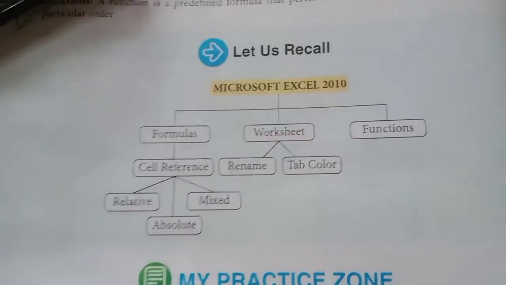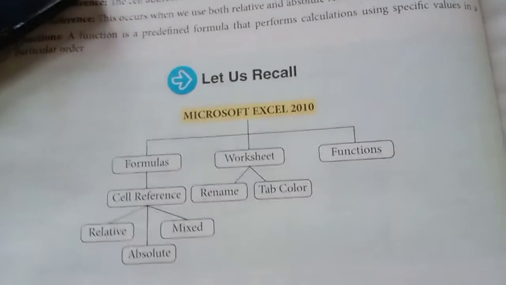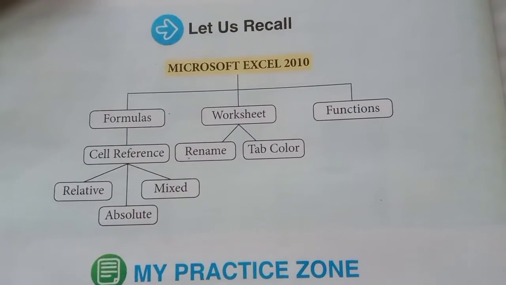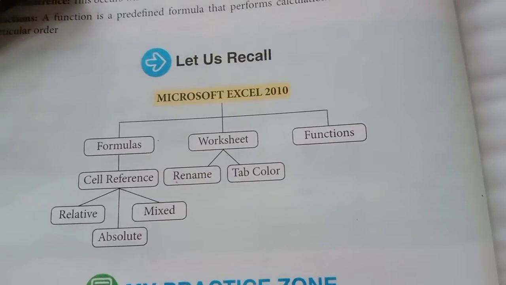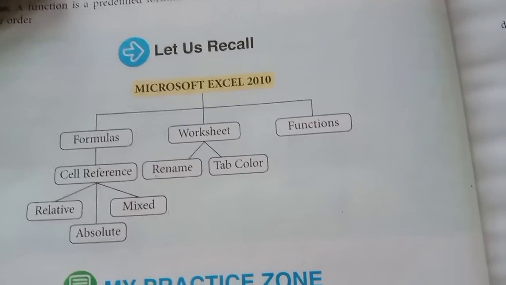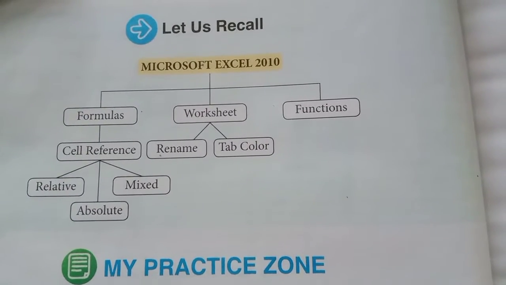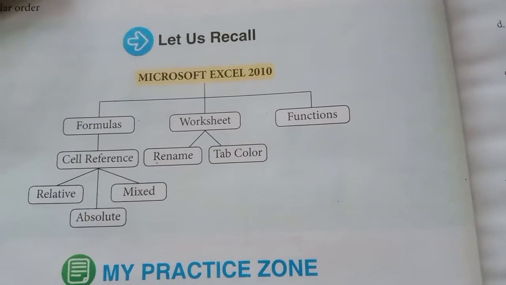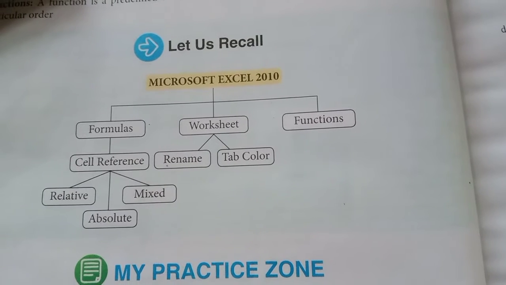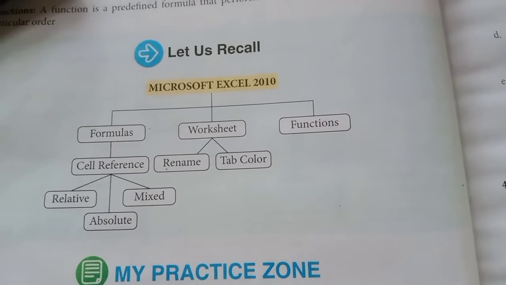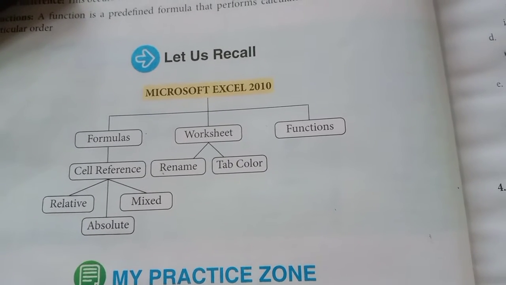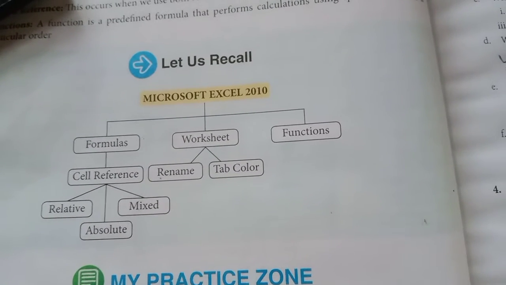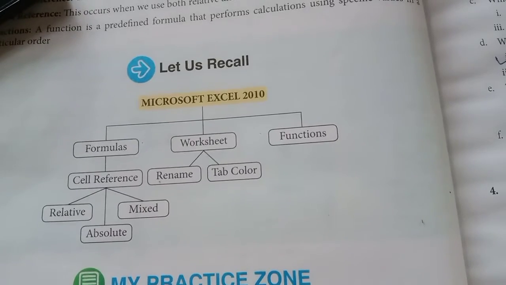One more important piece of information: we have to read this chart also. This one is a pictorial graph of Microsoft Excel 2010. Microsoft Excel 2010 is divided into 3 parts. First is formula, because Excel is based on formulas.